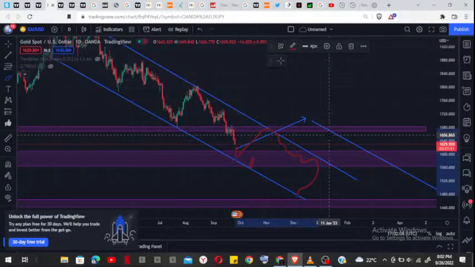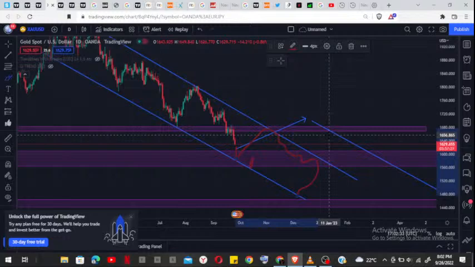Remember, 1600 has been this zone around 1600, 1575. Those have been some strong demand zones.